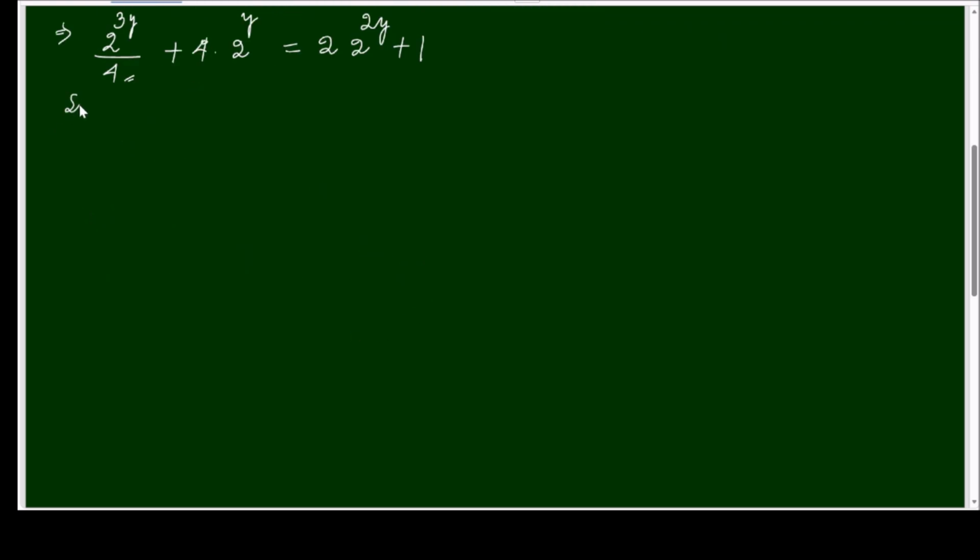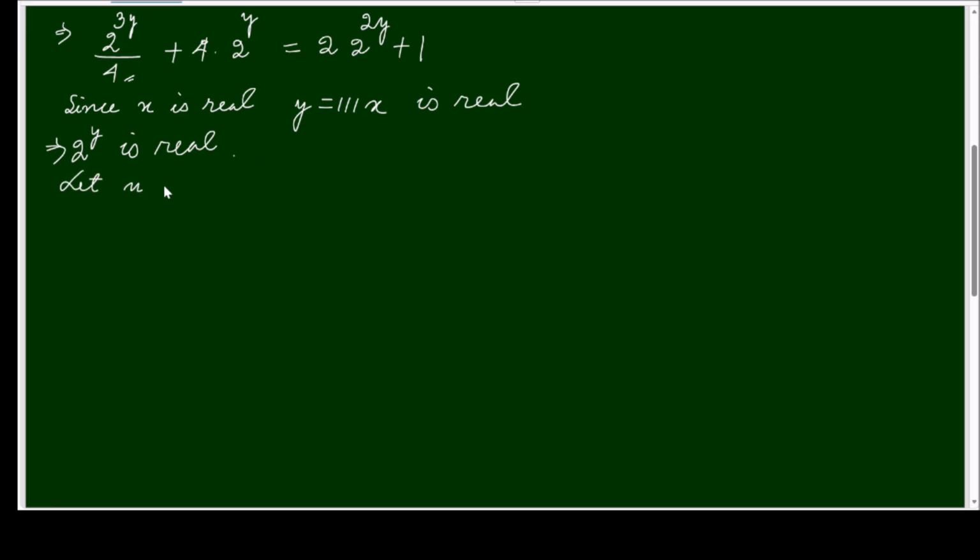Now since x is real, y, which equals 111x, is also real. So 2 to the power y is also real. So let u equal 2 to the power y.